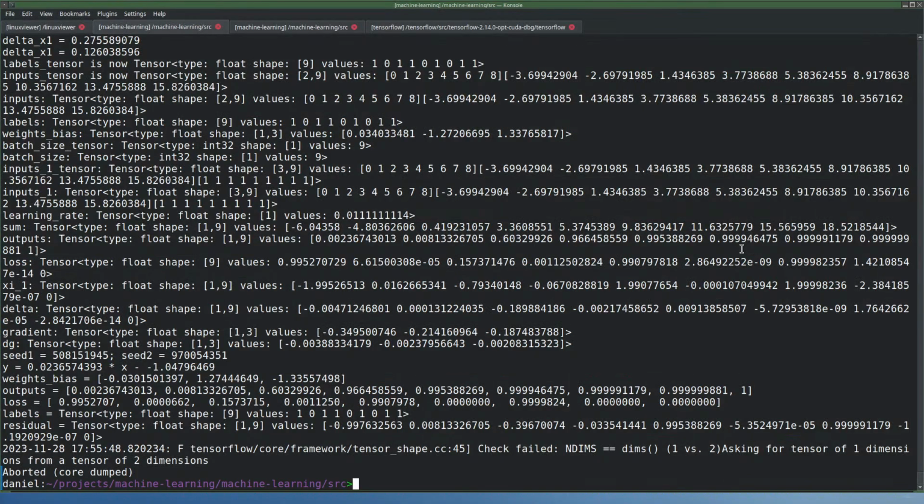Nope. Asking for tensor of 1 dimension from a tensor of 2 dimensions.